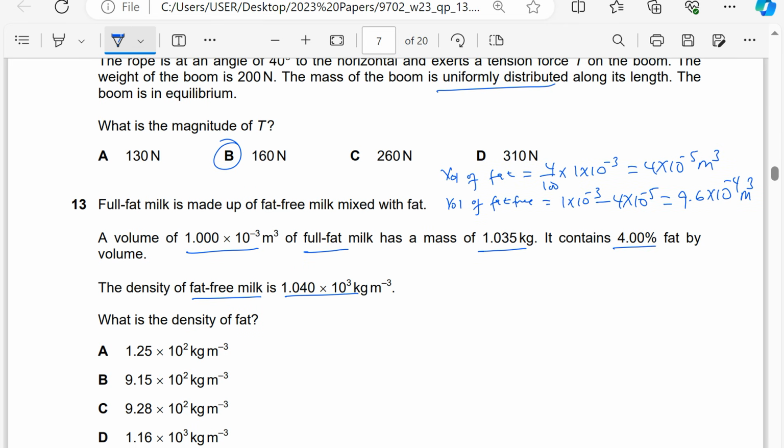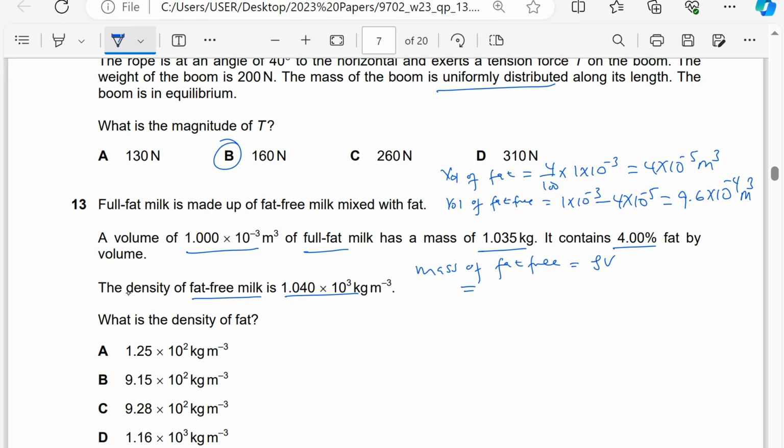Okay, let's first of all find the mass of fat-free milk. Of course, mass is density times volume.